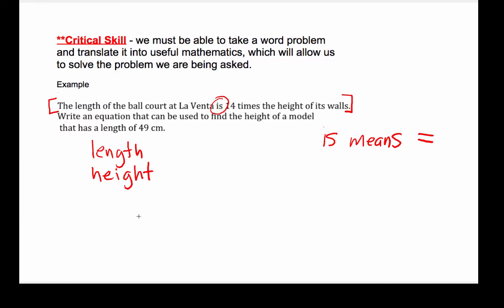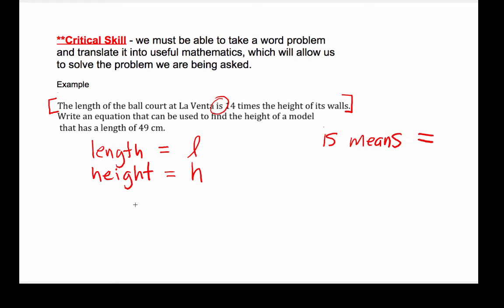Anytime we want to write an equation, we have to have variables. So we identify the quantities in the problem, and we'll go ahead and assign variables for those quantities. So for length, we can use L, cursive L, H for height. Now, what is the relationship between the length and the height in this problem?